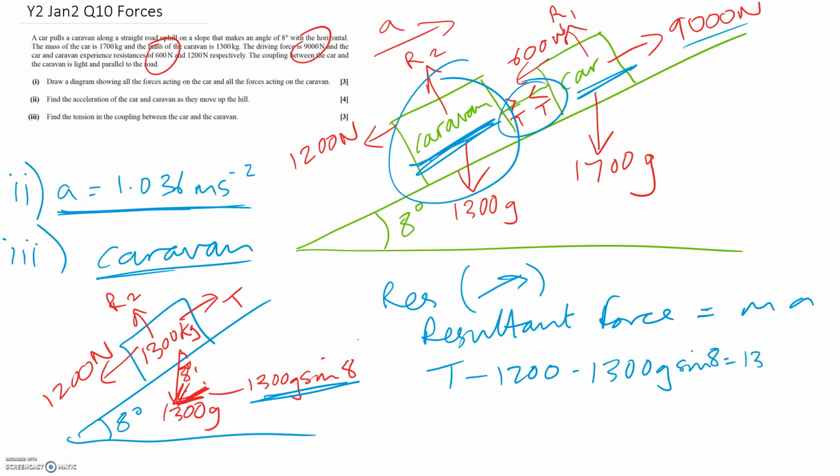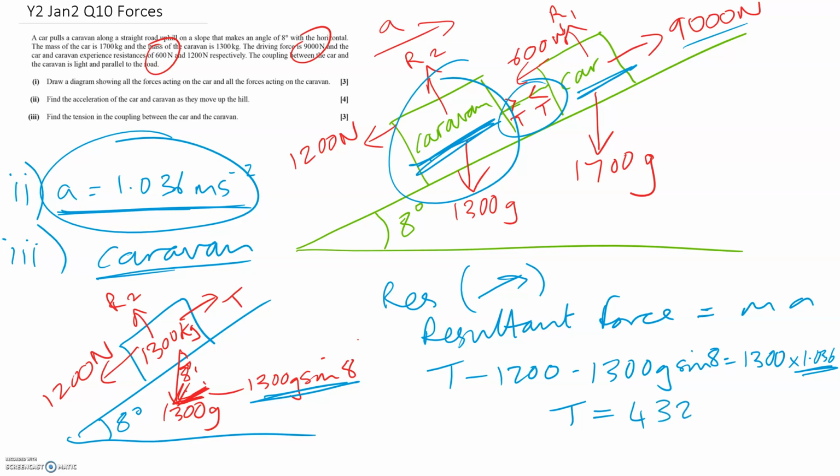The weight is 1,300, and we know the acceleration is 1.036 from the previous question. So you can move everything over to the right hand side except the tension, and if you use the exact value from the acceleration you used before, you should end up with the tension as being 4,320 newtons if you round to 3 significant figures.